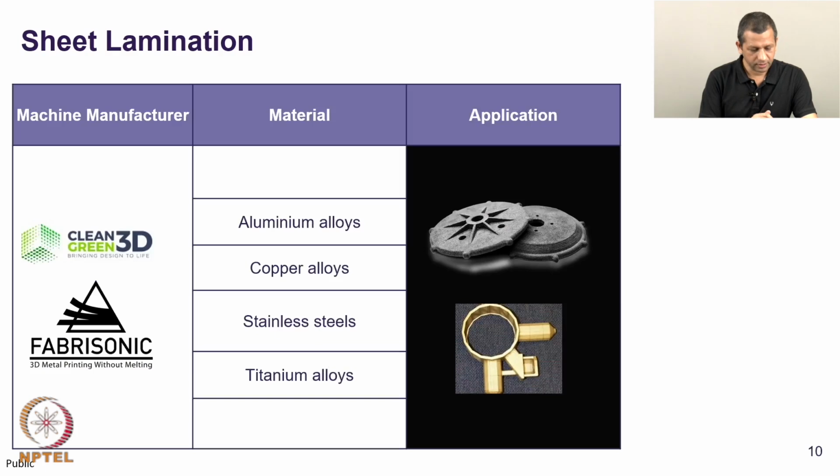There are some manufacturers, one is Clean Green 3D and the other is Fabrisonics. There are many more, we have listed only these few. Aluminum alloys, copper alloys, various stainless steels, titanium alloys have already been tried with this process.